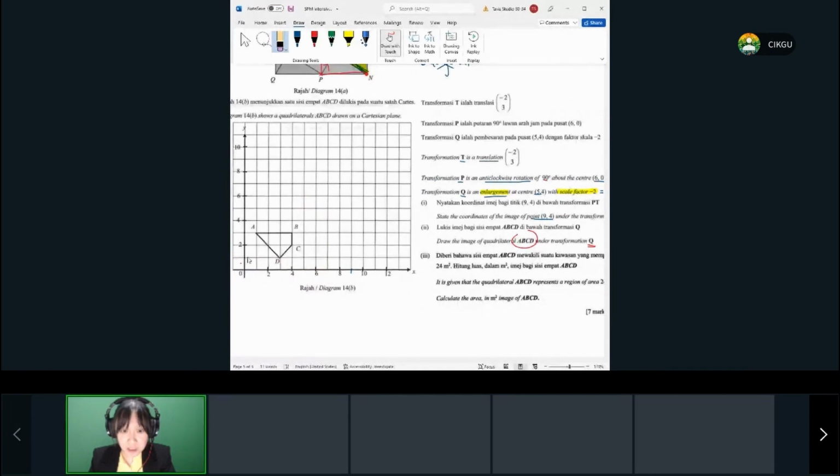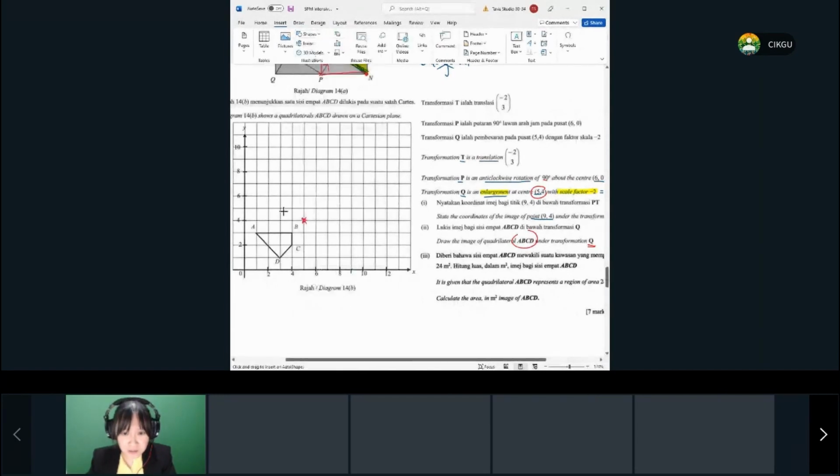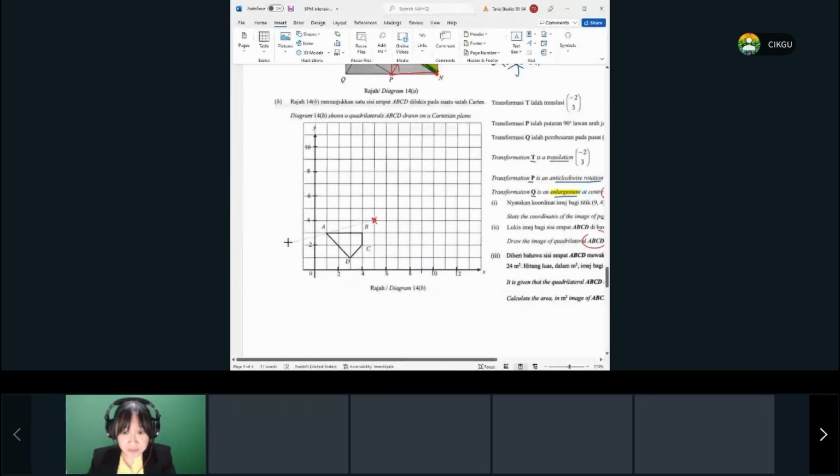Whenever you want to draw enlargement or rotation, you always start from the center. So (5, 4), here. This is the center of enlargement. Normally, if you draw enlargement, you will connect the center to the tips like that.